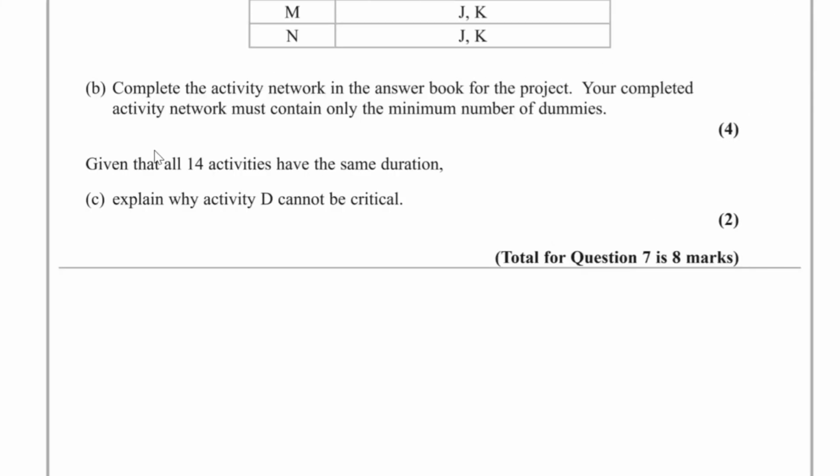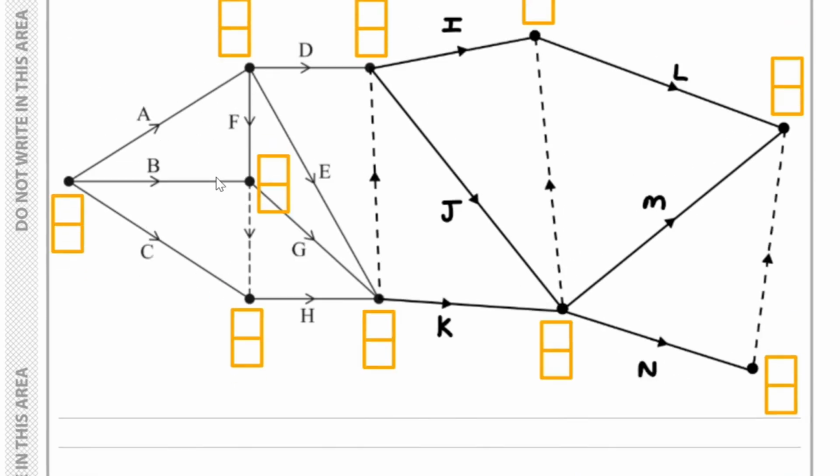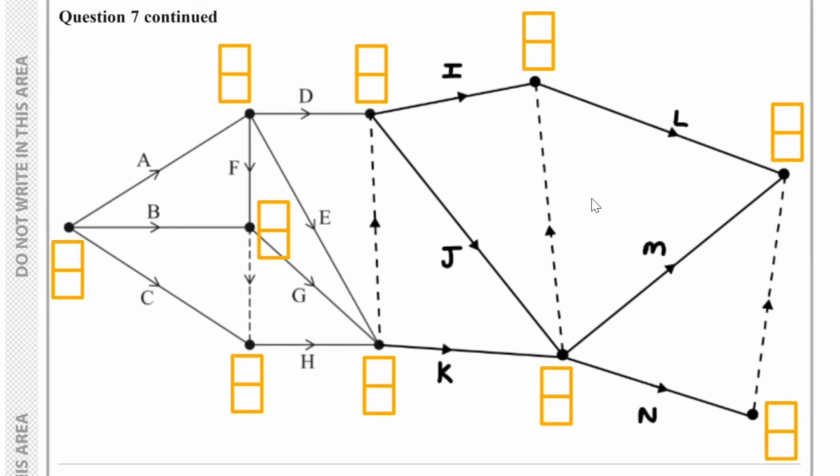Now for part C, given that all 14 activities have the same duration, we have to explain why activity D cannot be critical. Now what I've done over here is created a quick network diagram, and what we're saying is that each activity has the same duration. So let's pretend that each activity has a duration of 5.